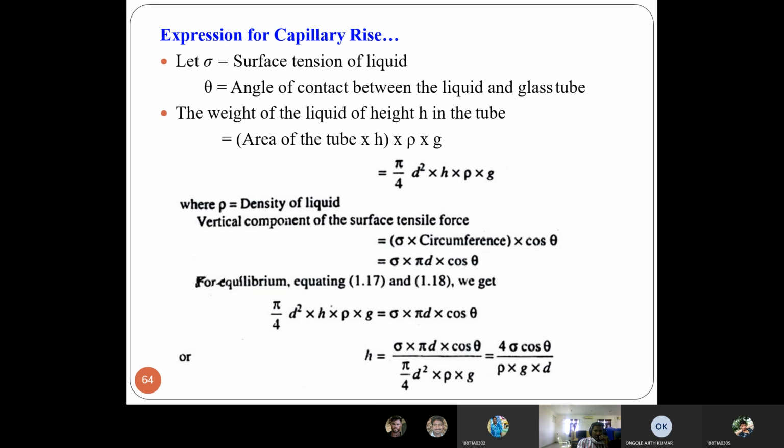Pi by 4 d square h rho g is equal to sigma pi d cos theta. So, if we solve the above equation for h, we will get h is equal to 4 sigma cos theta by rho g d. Next slide.